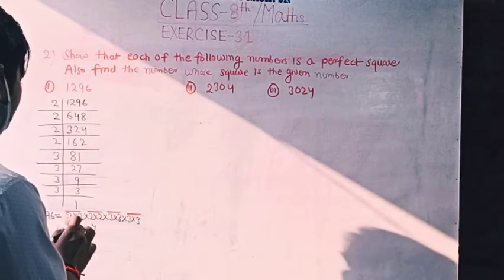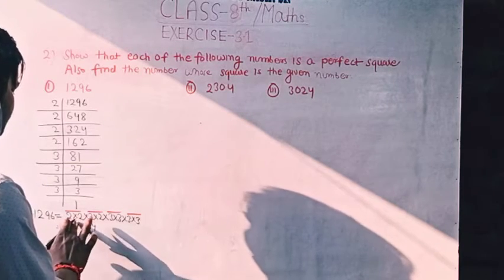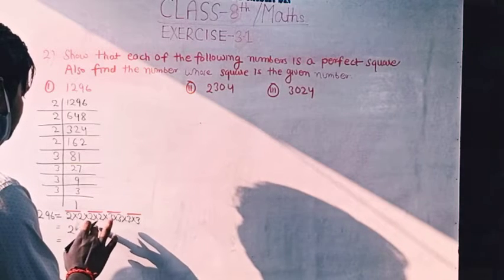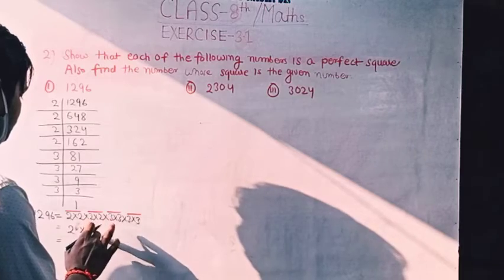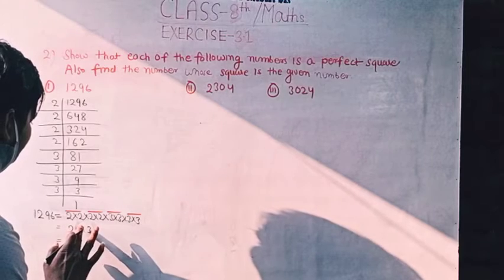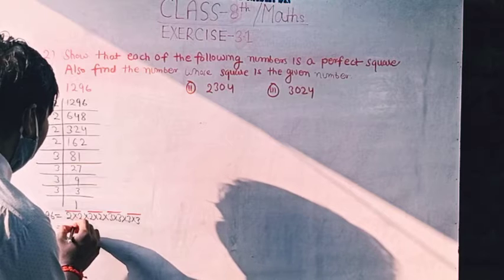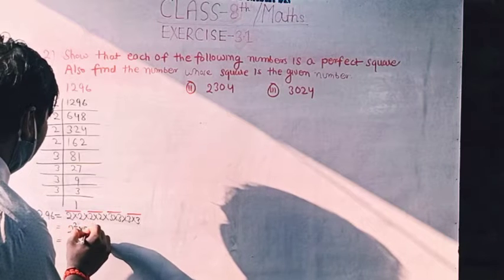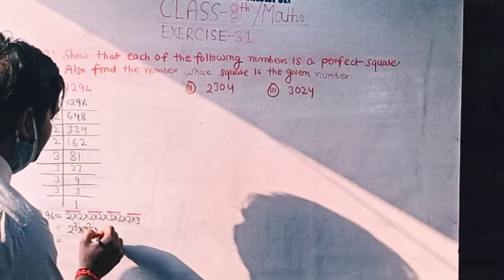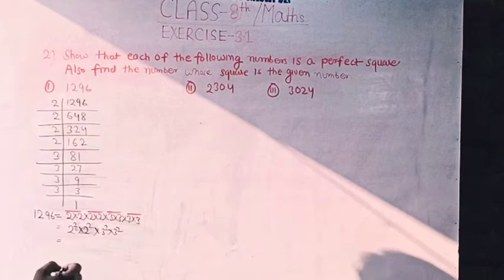This is written as 2 to the power 2 into 2 to the power 2, and this is 3 to the power 2 into 3 to the power 2.